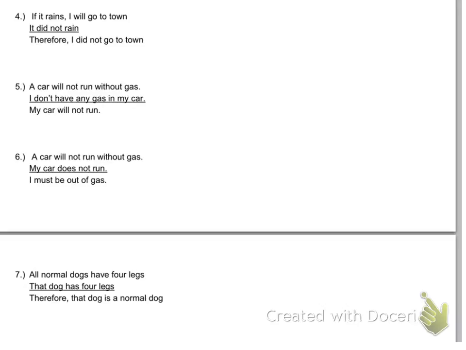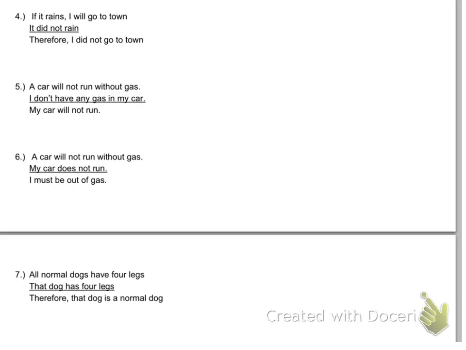If it rains, I will go to town. It did not rain. Therefore, I did not go to town. What's the group or what's the thing that has to happen? Right. If it rains, I will go to town. It didn't rain.